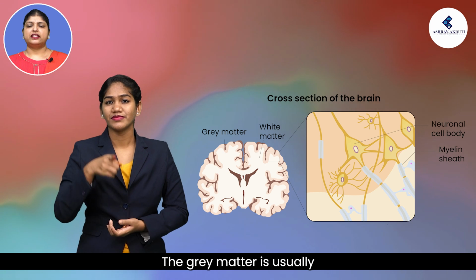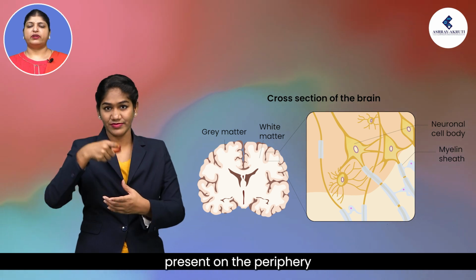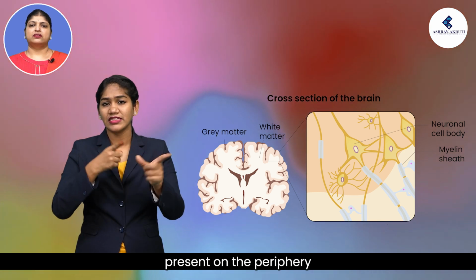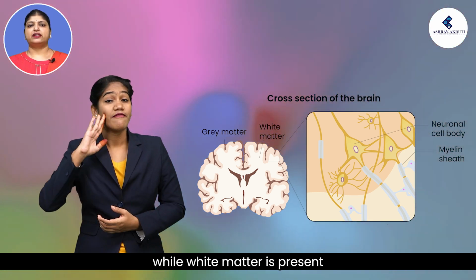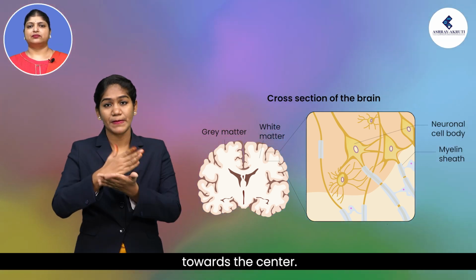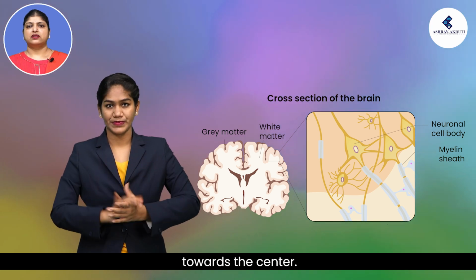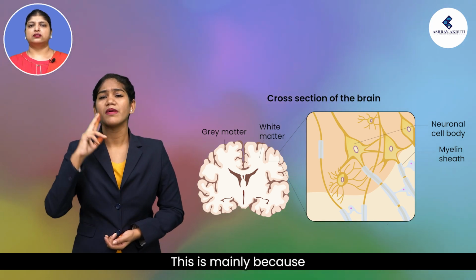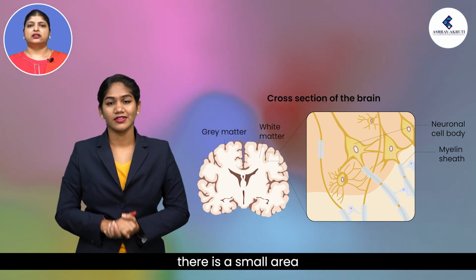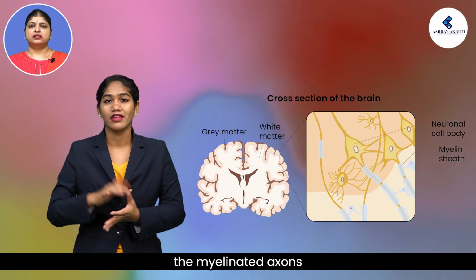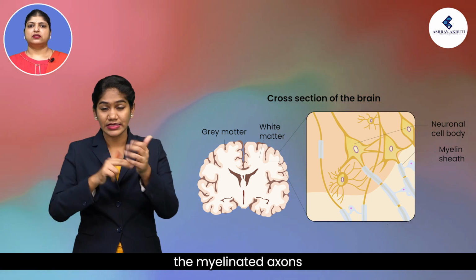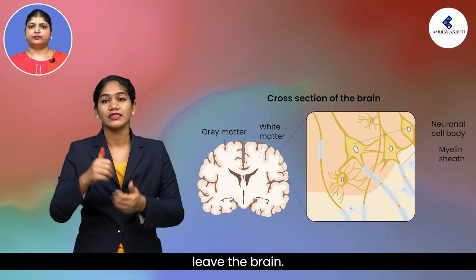The grey matter is usually present on the periphery, while white matter is present towards the center. This is mainly because there is a small area from where the myelinated axons leave the brain.